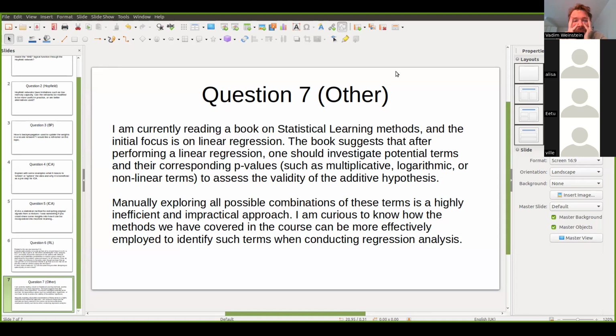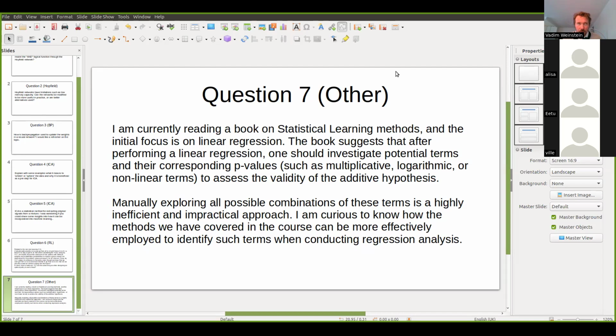And manually exploring all these combinations is very inefficient. I would have to see that book and see more of what it says, because I'm not sure I understand what the logarithmic or nonlinear terms are.